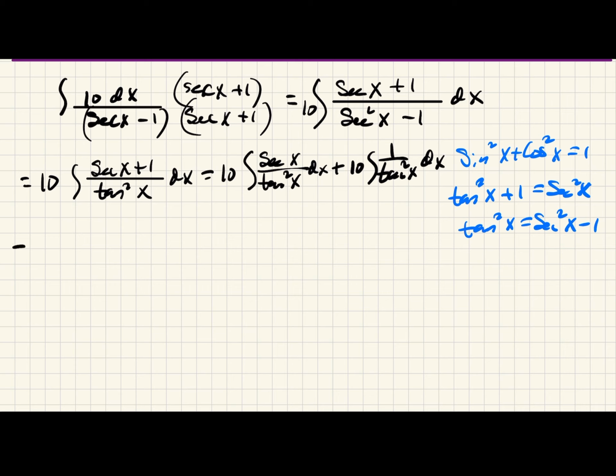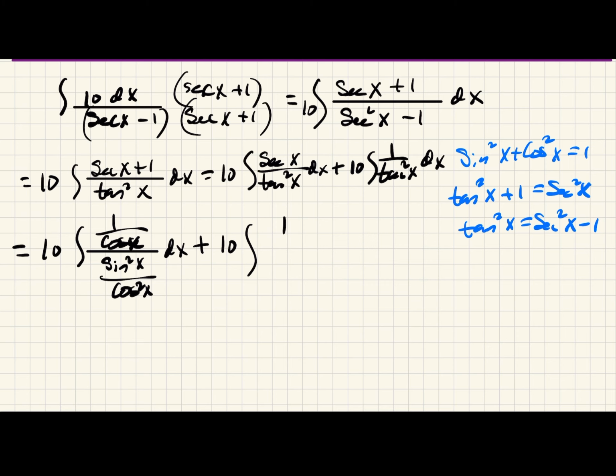Okay, so let's see. We've got 10 times the integral of secant, which is going to be 1 over cosine x, over sine squared x over cosine squared x dx, plus 10 times the integral of 1 over sine squared x over cosine squared x dx.